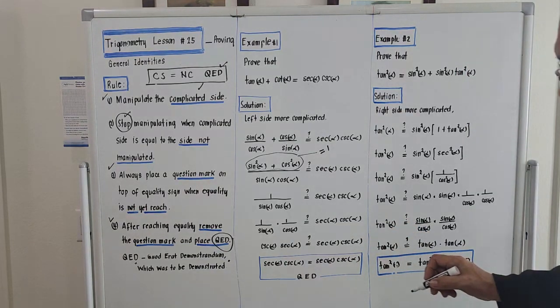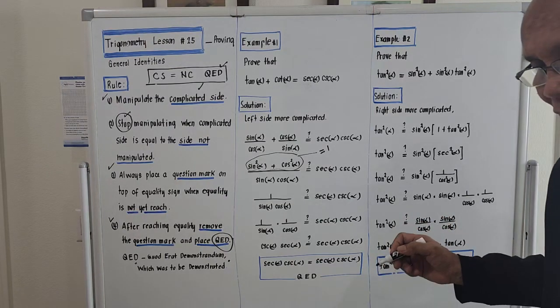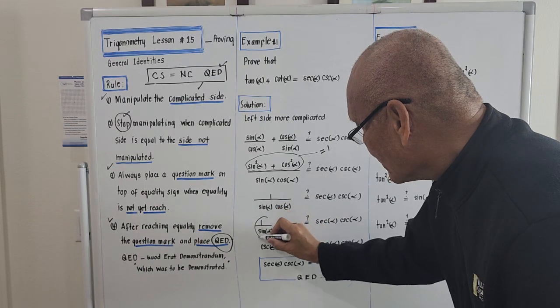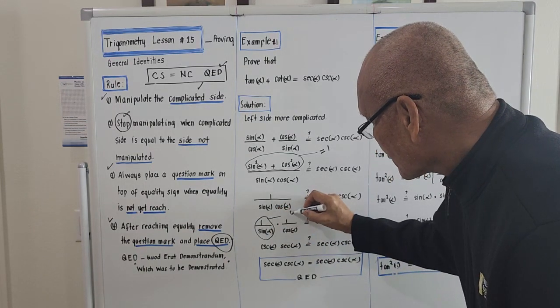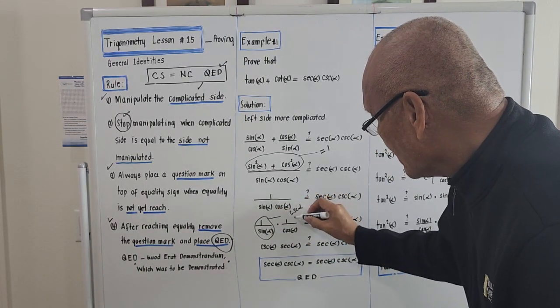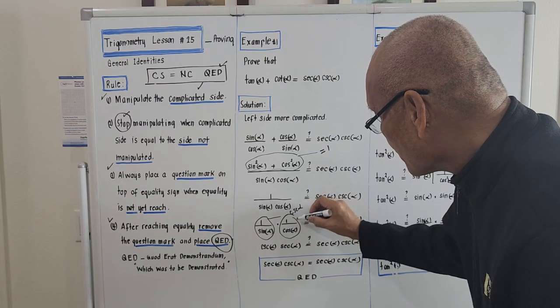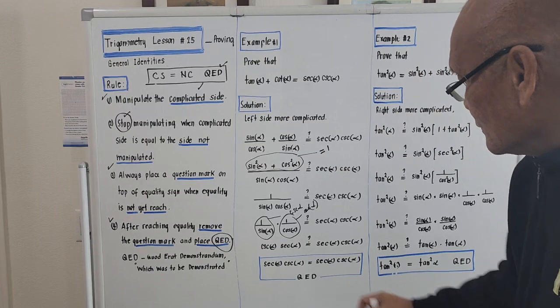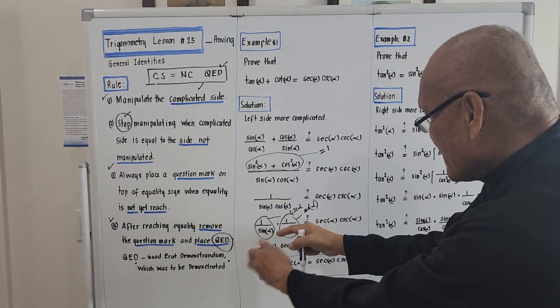Then again, try to bring out your knowledge of the so-called reciprocal functions under the study of trigonometry. What is 1 over sine of alpha? That is actually cosecant of alpha. And what is 1 over cosine of alpha? That is actually secant of alpha. So the operation here is product, right?